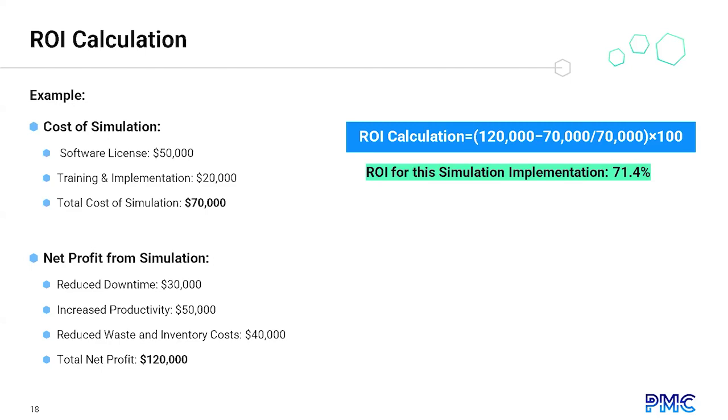This is a positive return that shows the benefits of the simulation over the costs. It says for every $1 spent on the simulation, the company is earning back $1.71 in profit. So we can see that this is a healthy return, and it's showing us that this is a worthwhile investment.